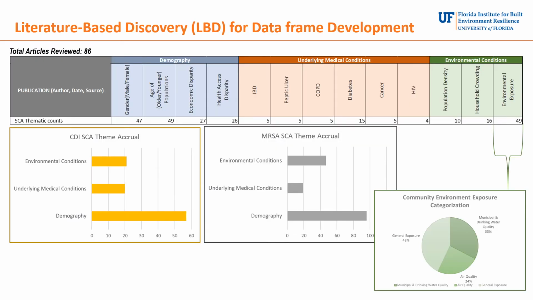So for the research we are currently conducting with a Florida-based hospital, this study process began with a literature-based discovery that targeted 2 specific types of antimicrobial resistant bacteria, which are understood to be particularly problematic in healthcare environments, both in Florida and worldwide. And these 2 bacteria are Clostridioides difficile, or C. diff, and Methicillin-resistant Staphylococcus aureus, or MRSA.